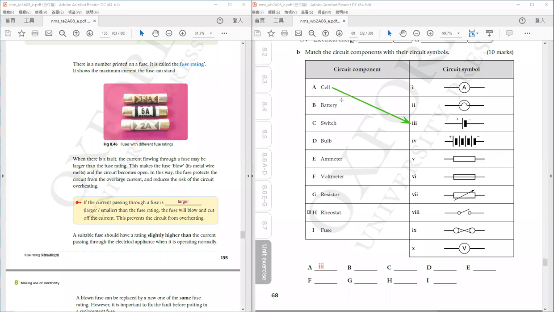Battery is the 4, IV. For C, switch. How does a switch look like? Where's the switch? Switch is at that position. VII, that's number 8.